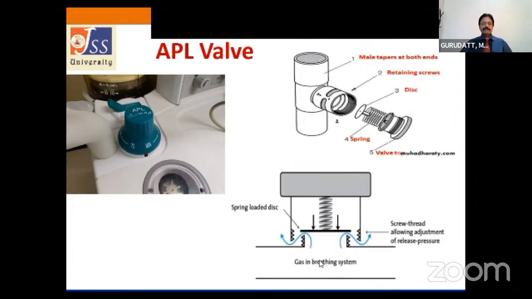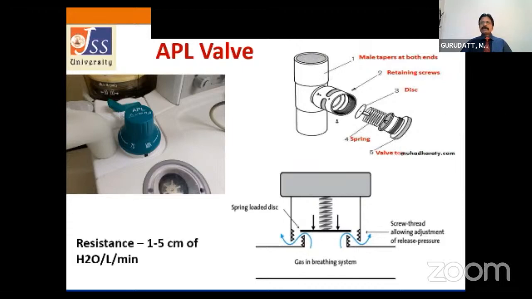Whenever pressure builds up inside, the disc will move up and allow the gases to move out. When you want to control the ventilation, this valve has to be partially closed, so only when sufficient pressure is built up inside will it open.